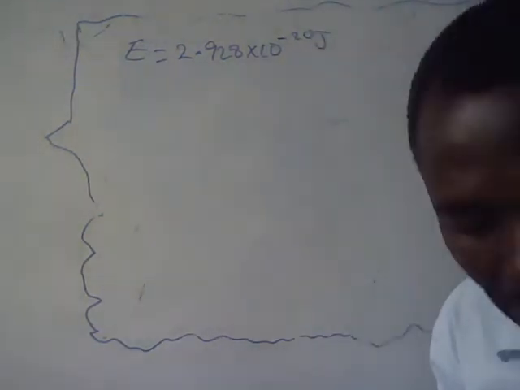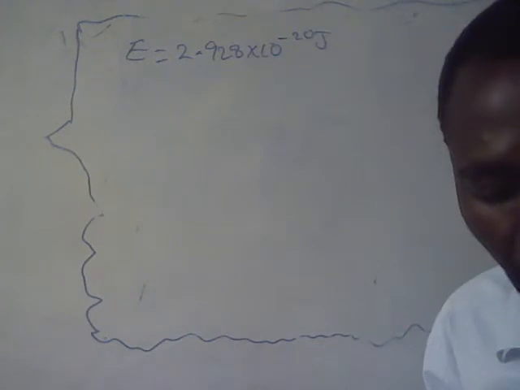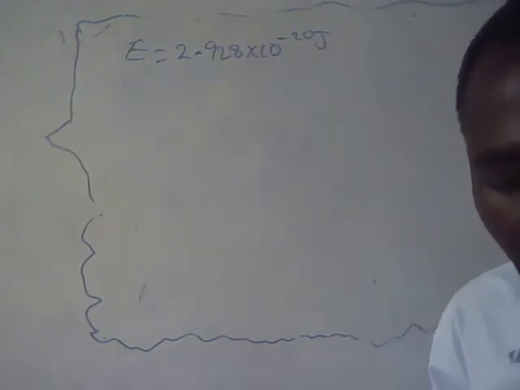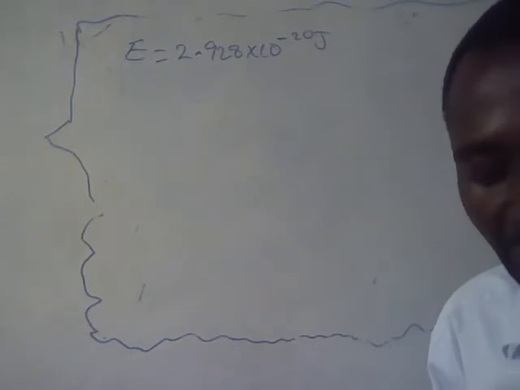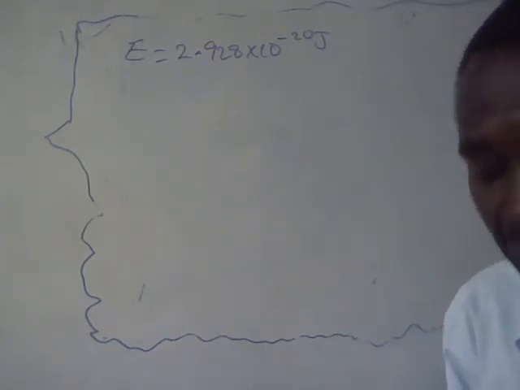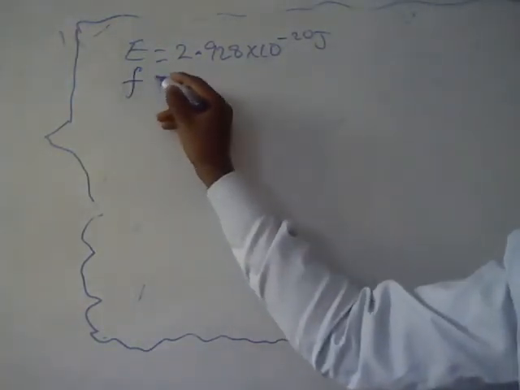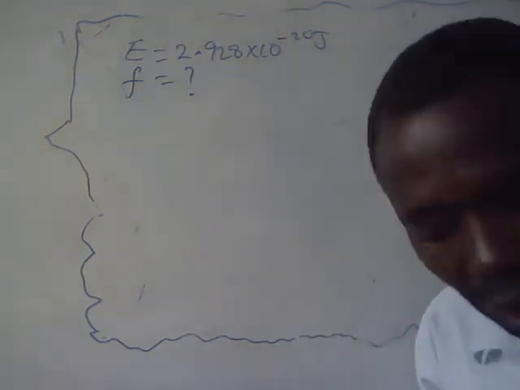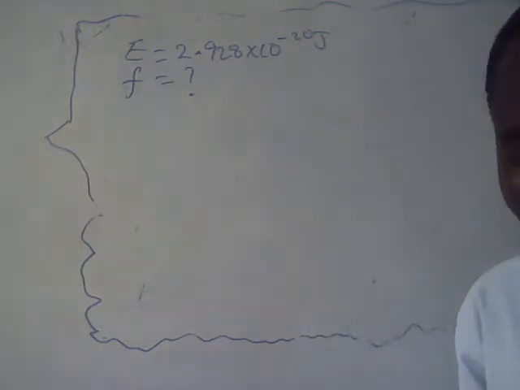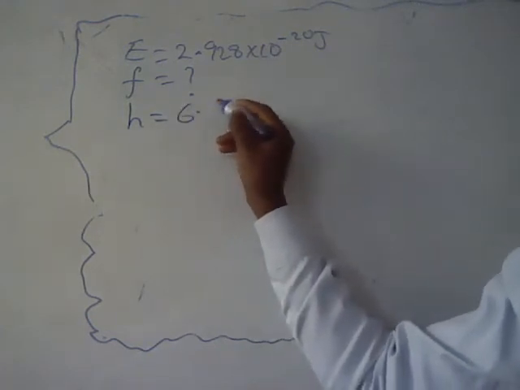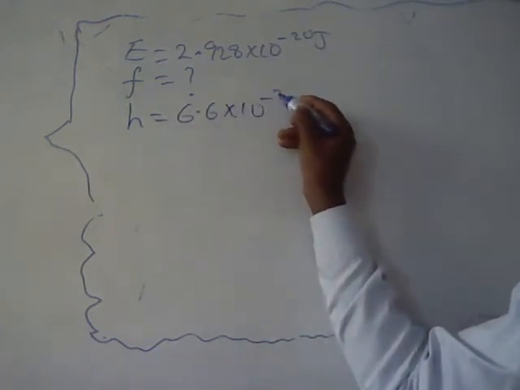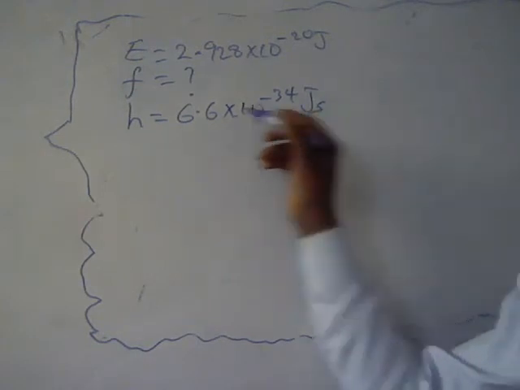That's the energy an atom radiates when its electrons fall to the ground state from a higher energy level. Calculate the frequency of the emitted photon. Frequency is f, question mark. Then we are given the small letter h as 6.6 times 10 raised to the power -34 joule seconds. That's the Planck constant.